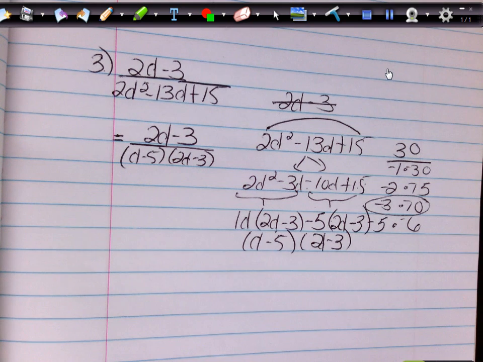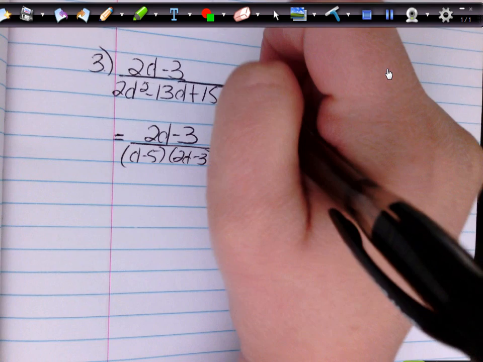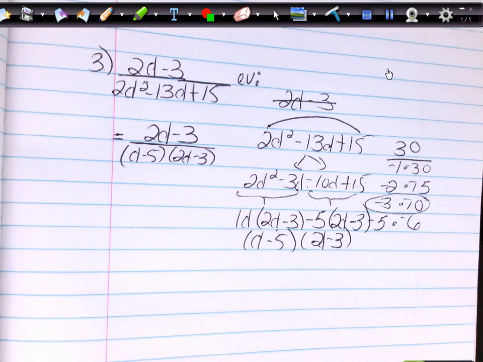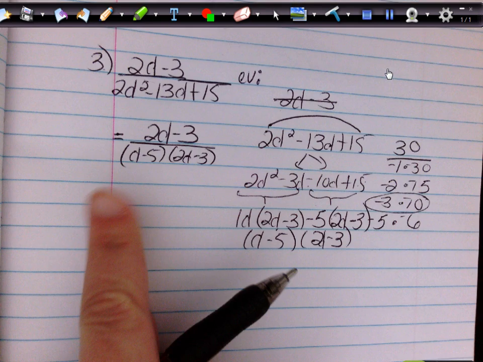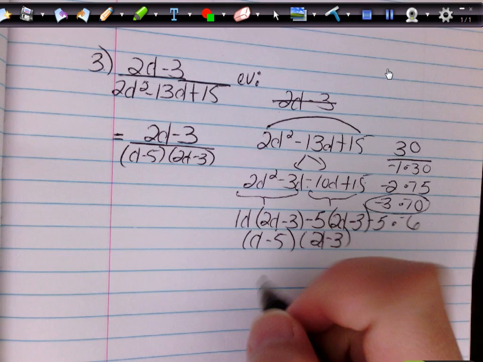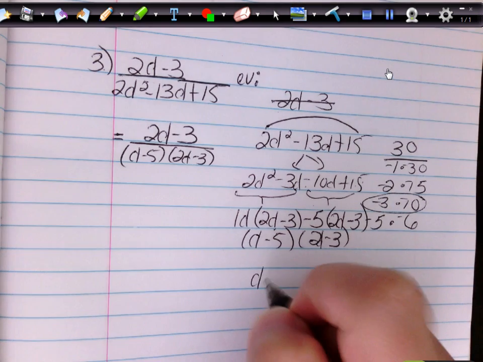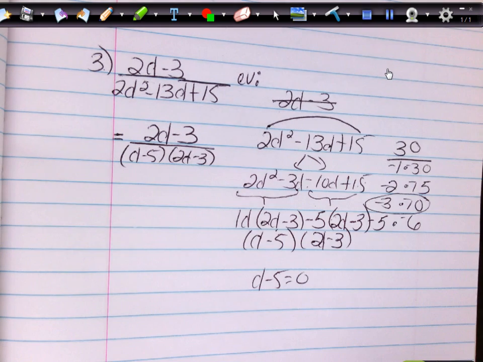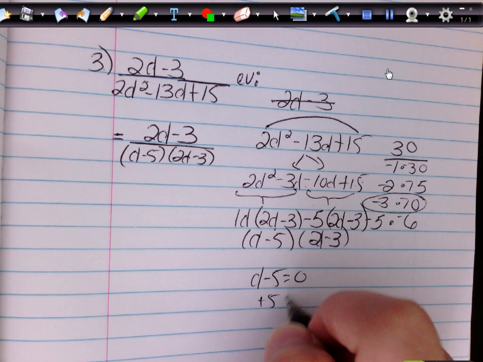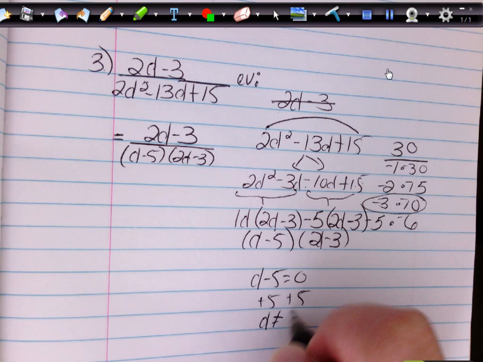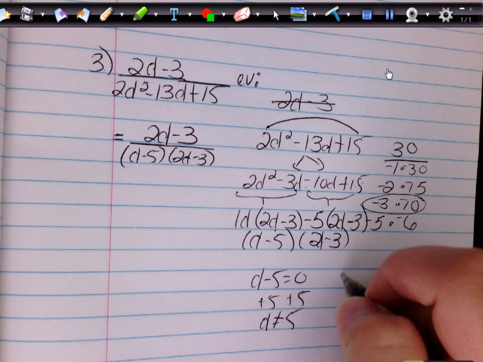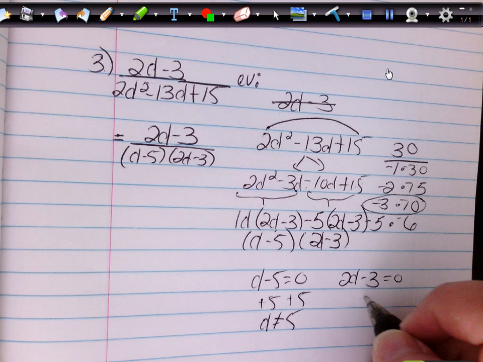Again, once I have everything factored, the numerator and denominator, I need to look for those excluded values. So I need to set my denominator factors equal to 0. So I'm going to say d minus 5 equals 0. Add 5. So d is not allowed to be 5. And then 2d minus 3 equal to 0.